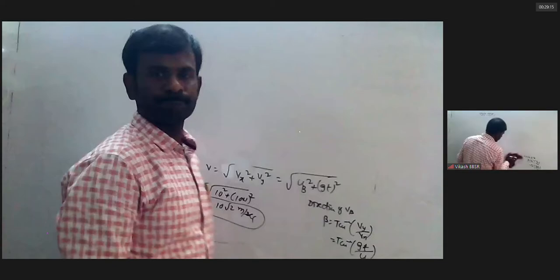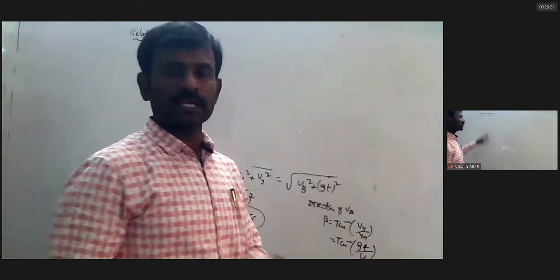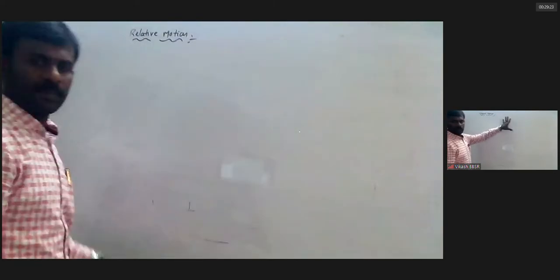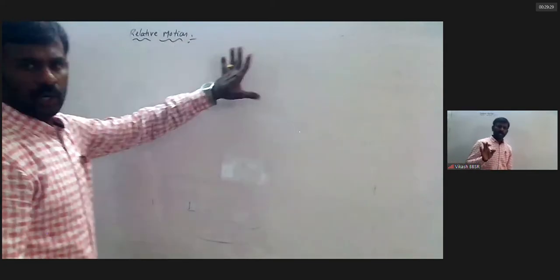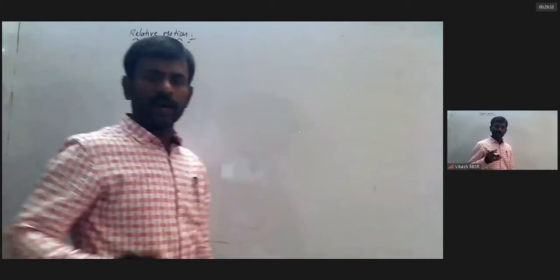See this relative motion, its applications, maybe in the 11th or maybe in the 12th, wherever we go to motion, we define this relative motion. Tell me, is relative motion apparent or real? It should be apparent or real?